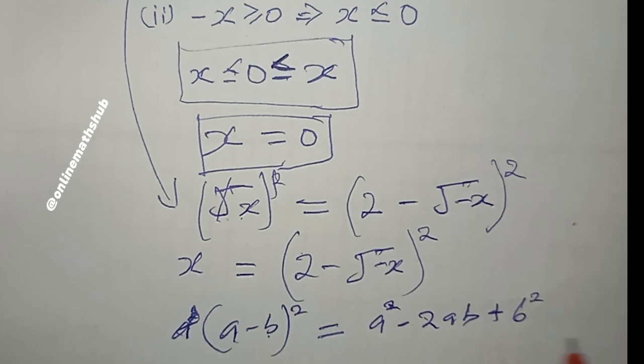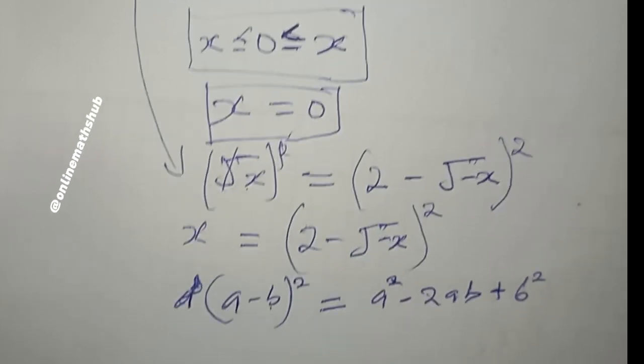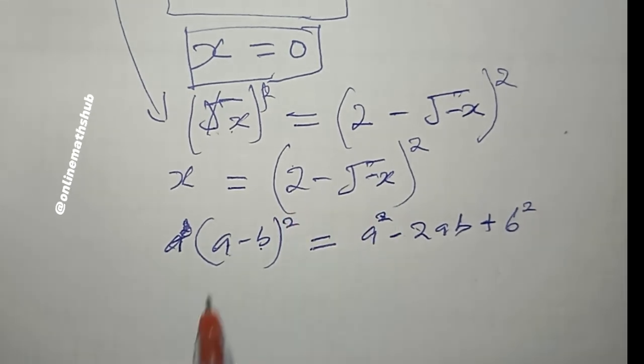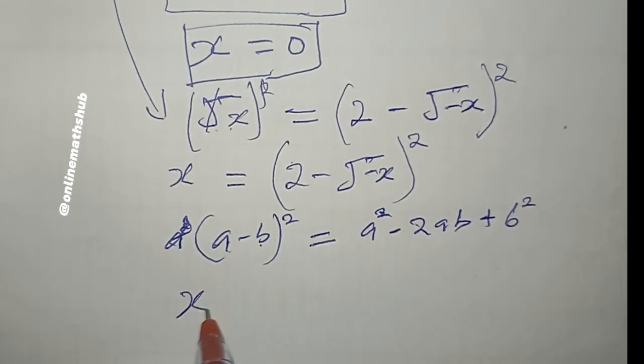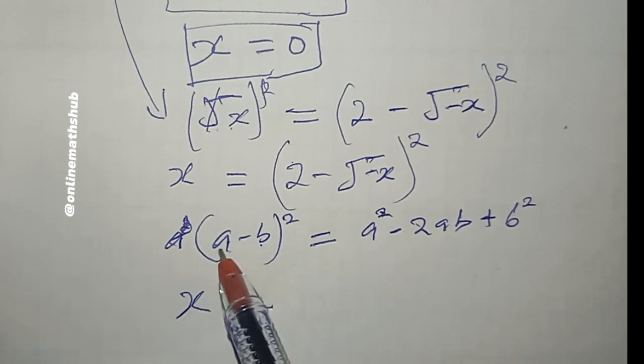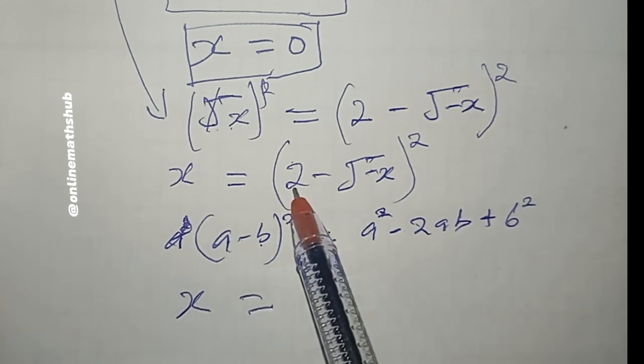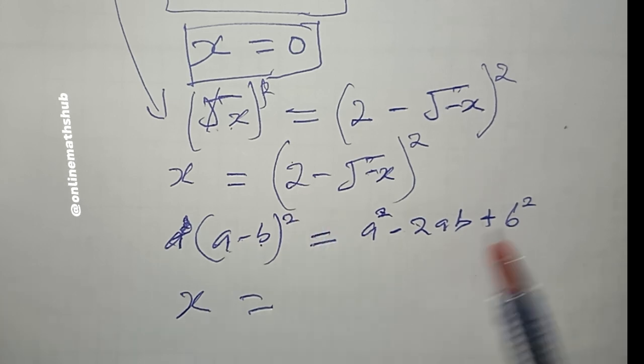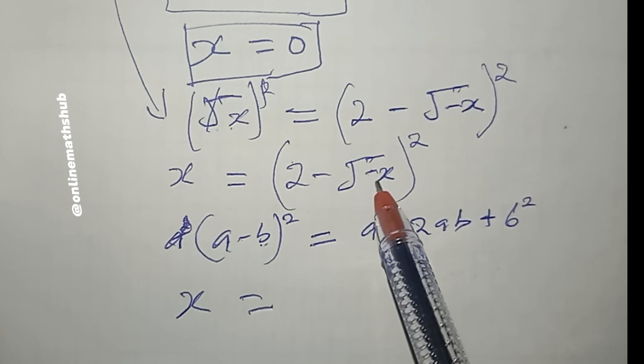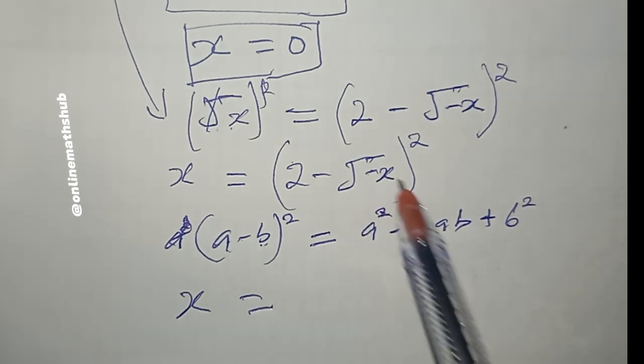So don't forget this expansion, because that's basically what I'm going to be using to expand this, so that my x is now equal to, in this case a is 2, and of course b is equal to the square root of negative x.